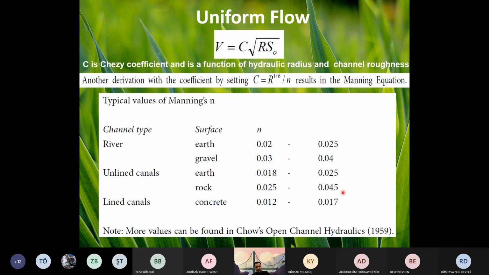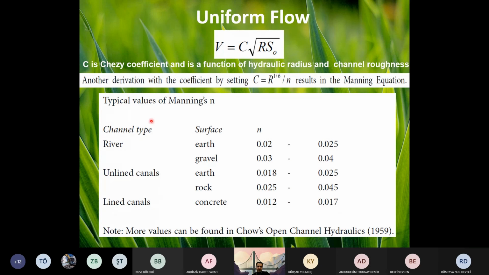For rock it varies like this. For lined canals, if your lining material is concrete, n decreases significantly to be in the range of 0.01 to 0.017.